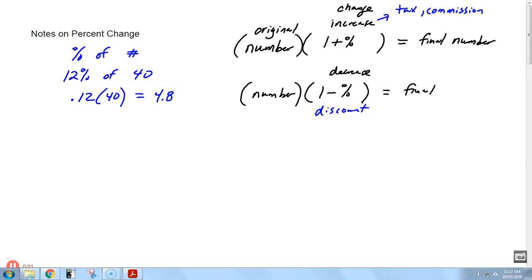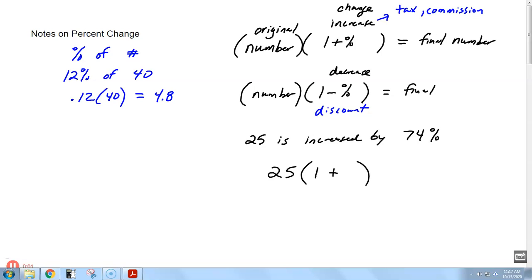So, for instance, let's say that we want to do 25 increased by, I don't know, 74%. How I would set this up is I would take 25 and we are going to increase it, so we're going to plus.